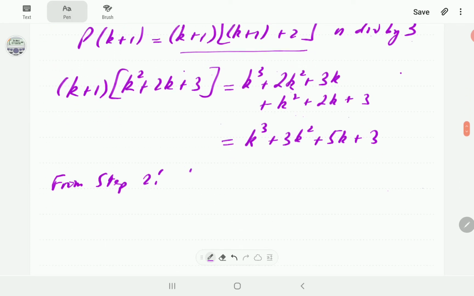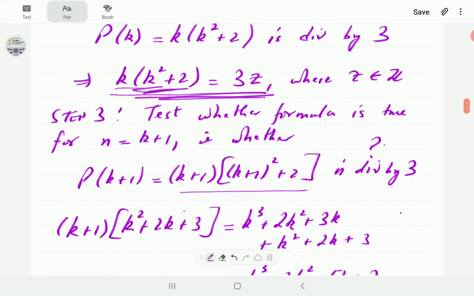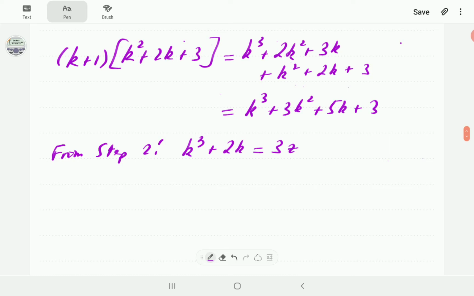So we have k cubed plus 2k is equal to 3z. Remember, z is a positive integer. Then we can actually make k cubed the subject of the formula, which is going to be 3z minus 2k. So we can take this and substitute it in here.